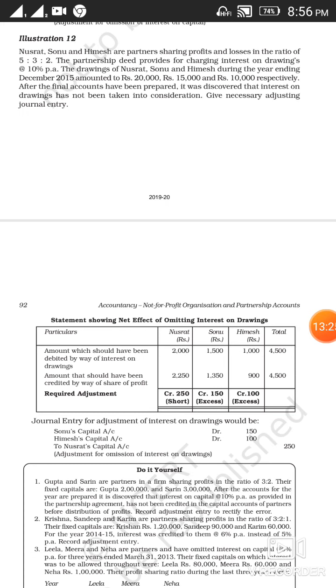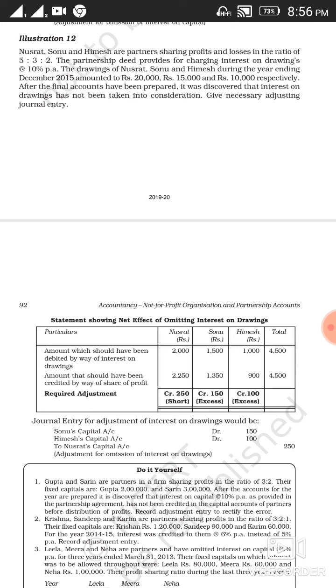Now with the help of another example, illustration 12, you can understand the concept more clearly. Under this text, you have been given Nusrat, Sonu and Himesh are partners sharing profit and losses in the ratio of 5:3:2. The partnership deed provides for charging interest on drawings at the rate of 10% per annum.